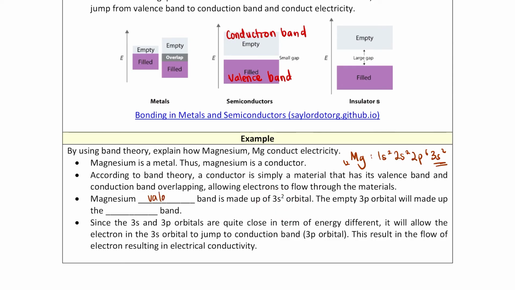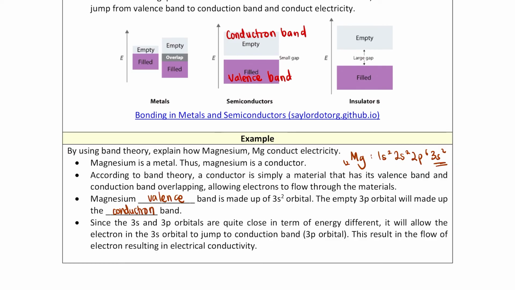Okay, sebab tadi kita belajar valence band ni yang dekat valence shell tu lah. Okay, and then after 3s ada 3p, tapi 3p tu empty lah in this case sebab magnesium ada 12 elektron sahaja. So the empty 3p orbital will made up the conduction band. Okay, so please fill in the blank.